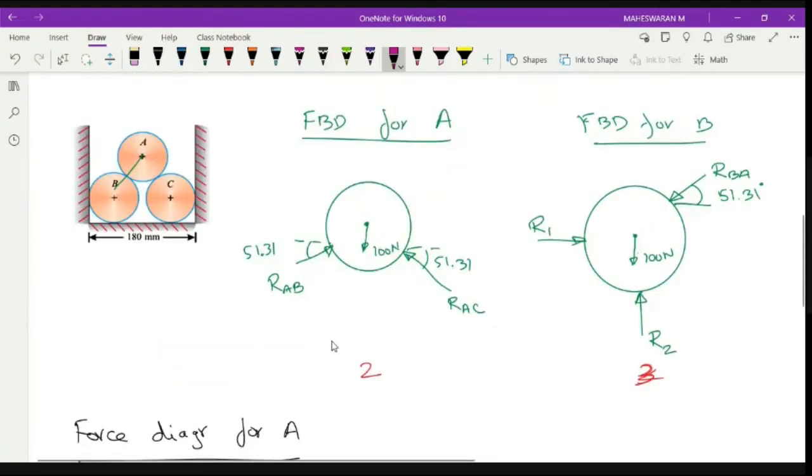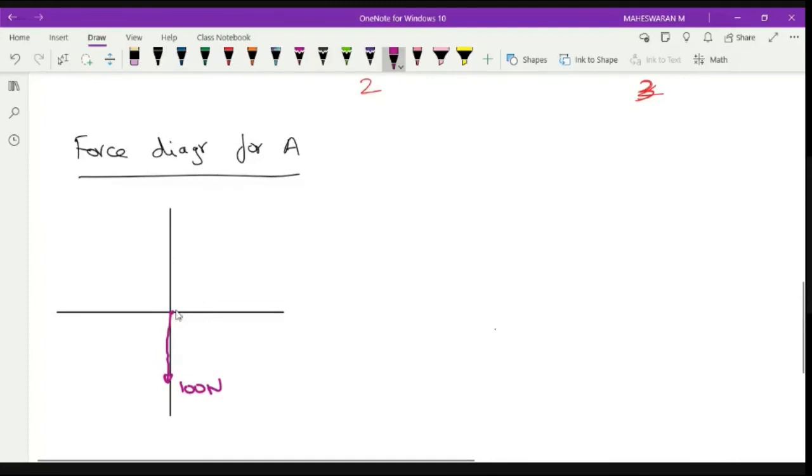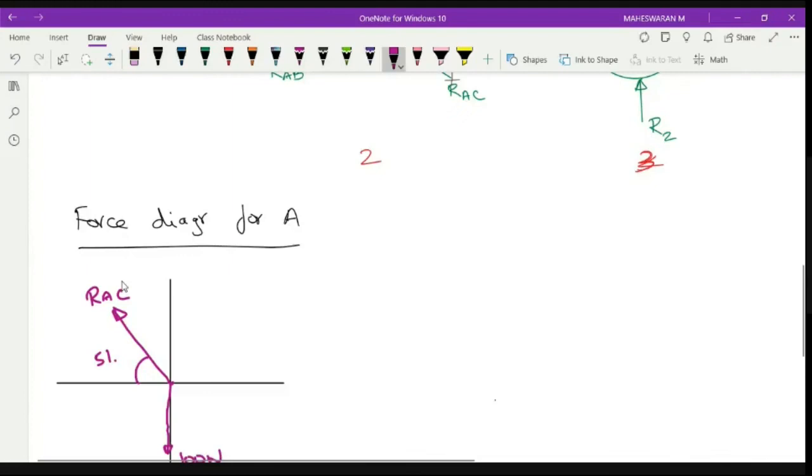R_AC, if I put plus, is in the first quadrant, and if I put plus here, it is in the second quadrant. So R_AC is in the second quadrant. Horizontally it is 51.31 degrees, here also.